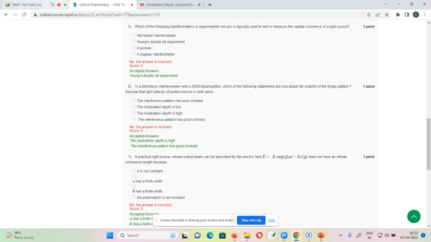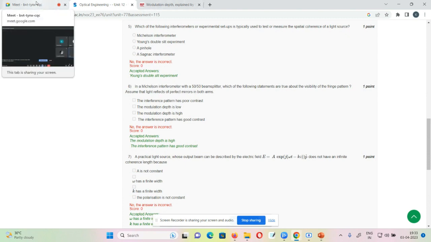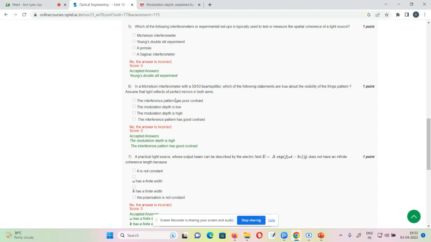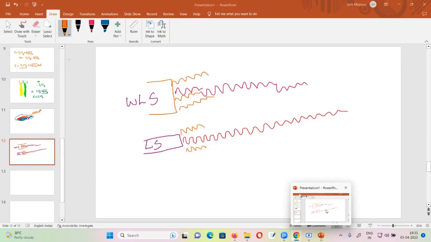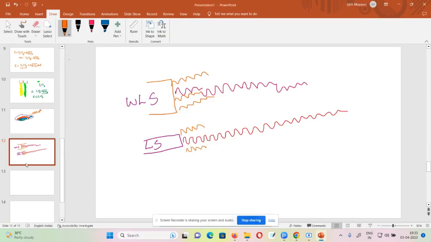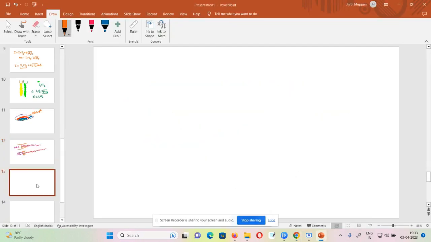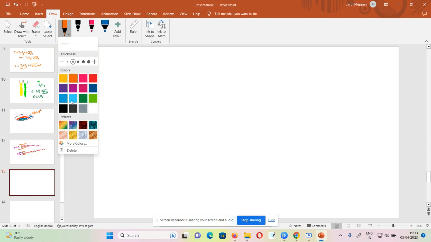What is actually meant by spatial coherence? It's the phase relationship between the different points on a particular light source. So you want to measure the coherence parameter of a particular light source at different points of that emitting area.